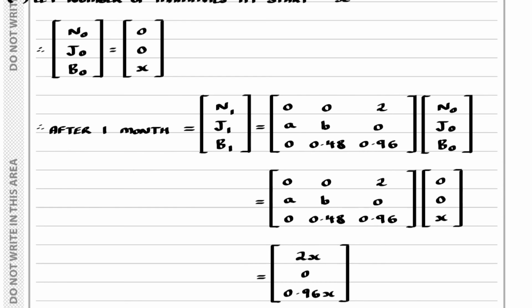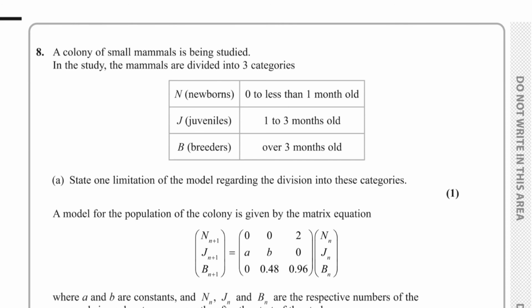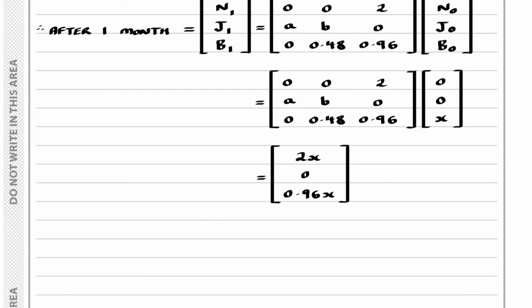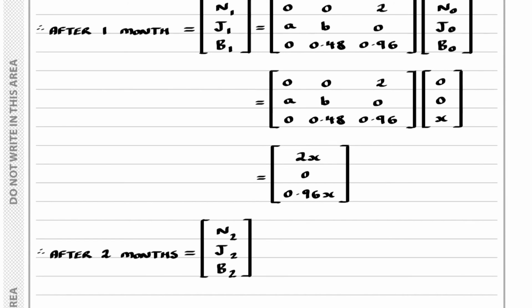Again, using this matrix equation, we can find out what we have after 2 months. After 2 months, what we're after is n2, j2 and b2.